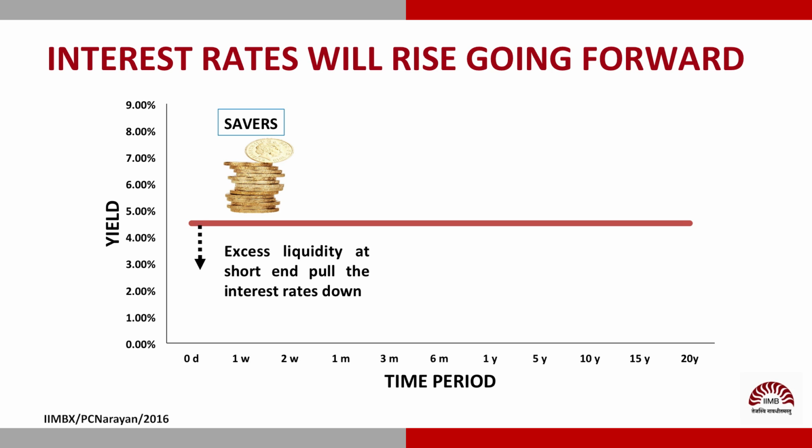On the other hand, if you are a borrower, you will prefer to borrow right away for the long term because you know that as time goes by, you will have to pay a higher cost for your borrowing, because interest rates are expected to go up going forward. What this means is that anyone who wishes to issue debt securities or take a loan will immediately go for long-term debt, either bonds or loans.